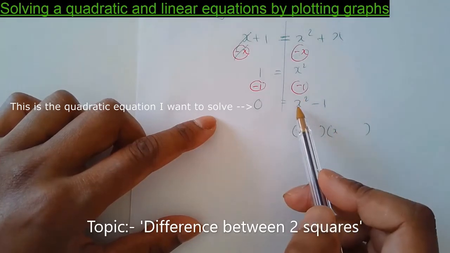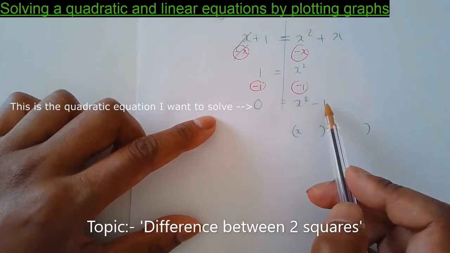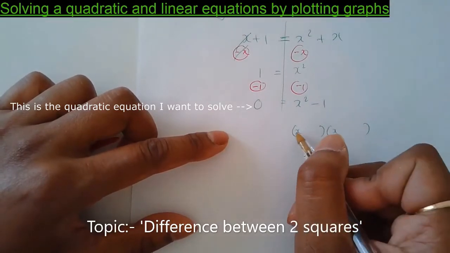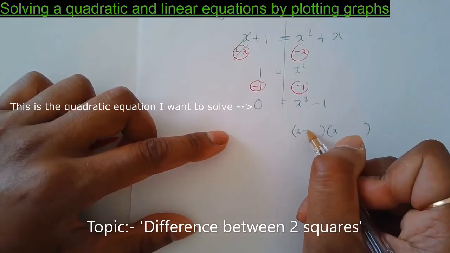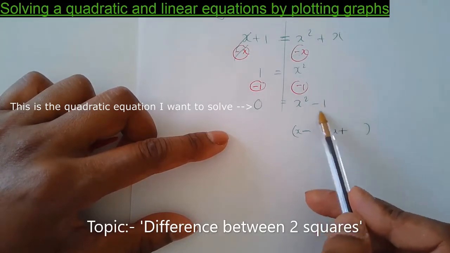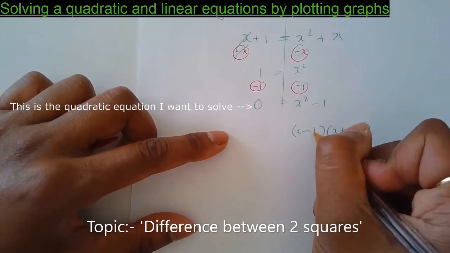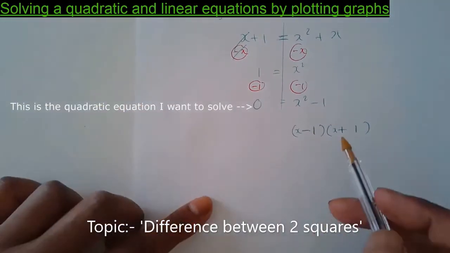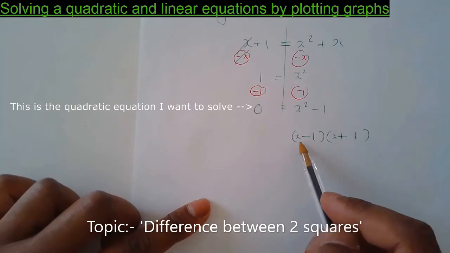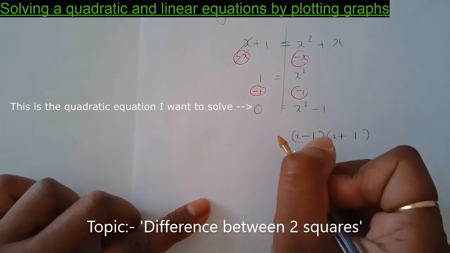You know it's the difference between two squares because x squared is a square number and 1 itself is a square number. You have your double brackets. One of them is going to be a negative, another one's going to be a positive. The square root of 1 is just 1. Now that's been factorized, and if you expand that, you should get back to that.